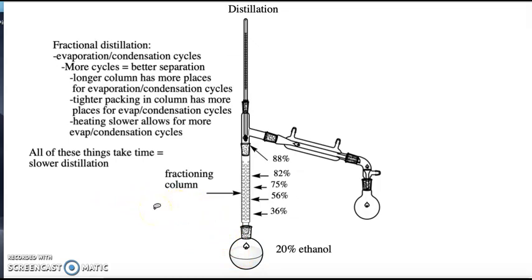So you might be able to use a simple distillation. If you use a fractional distillation, you might get a little bit better separation, but it's going to take a lot longer. So these are the things that we balance. How good a separation do we need versus how long it's going to take? And that's something you always consider when you're designing your experiment.